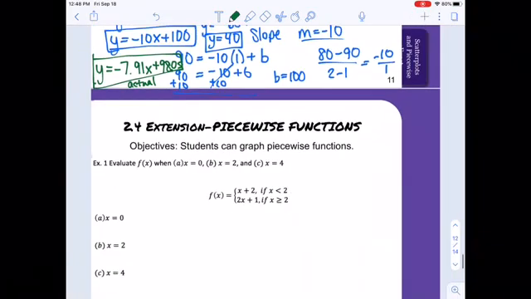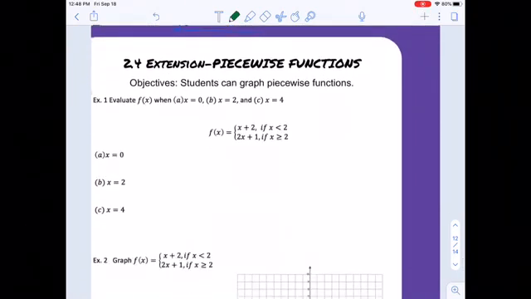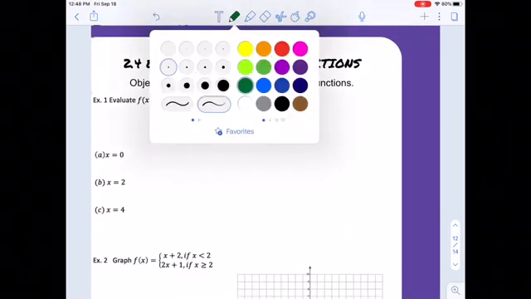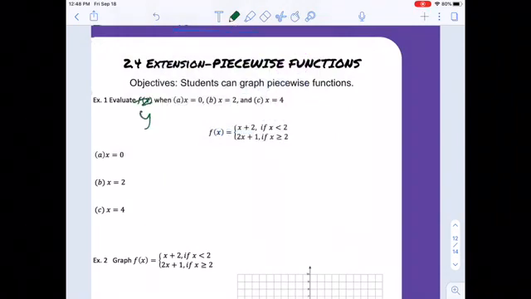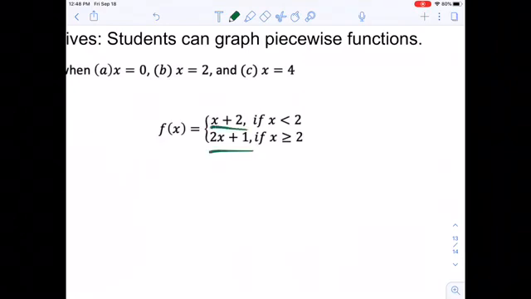Alrighty, 2.4 piecewise functions. You guys will be able to graph these functions by the end of this lesson. So to evaluate for f of x, or you can think of this as y if you want, for part A, x equals 0, part B, x equals 2, and part C, x equals 4. Now you're not going to plug these numbers into both of these equations here.